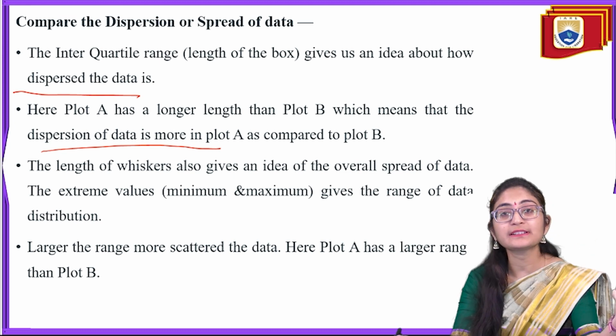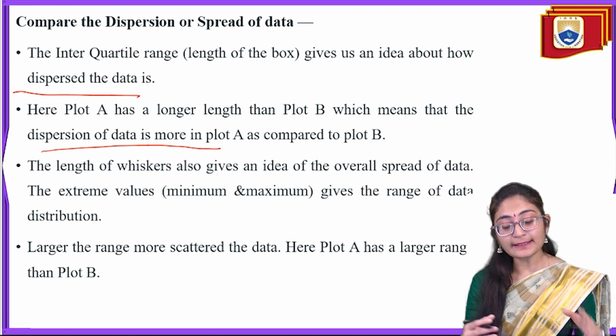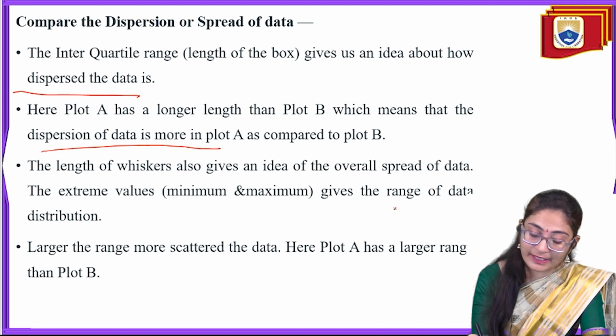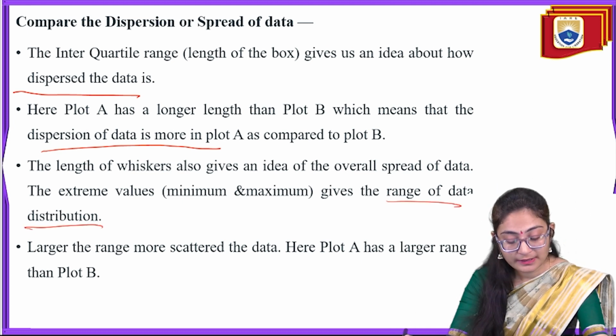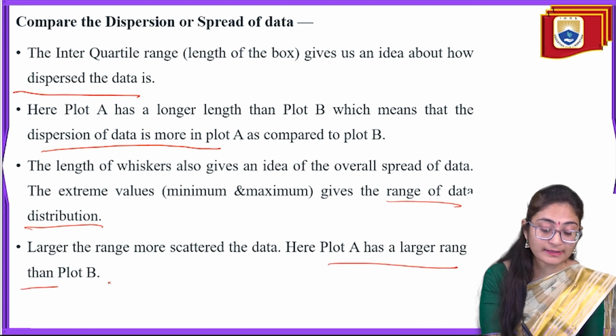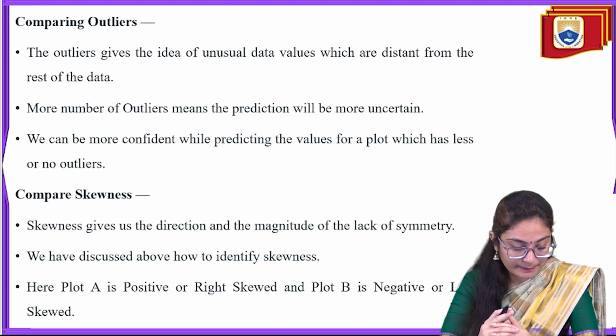The length of the whisker also gives an idea of the overall spread of the data. And the extreme values, that means minimum and maximum, give the range of the distribution. The larger the range, the more scattered the data. Here plot A has a larger range than plot B. Now comparing the outliers.